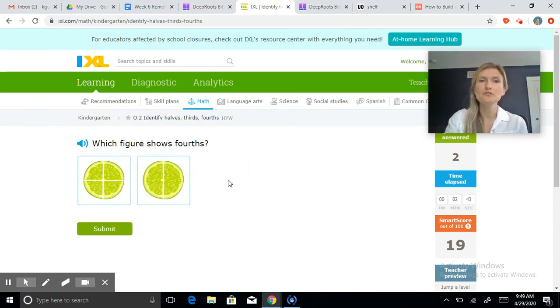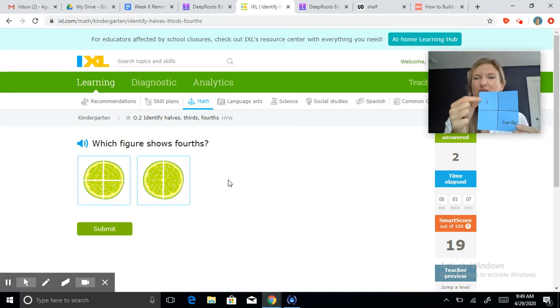Now it says, which figure shows fourths? What number do you hear in fourths? Hopefully you said 4. So this shows a square broken up into 4 parts. 1 part of the whole broken up into 4 equal parts would be 1/4.